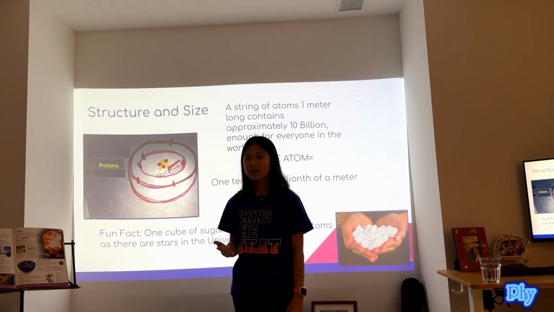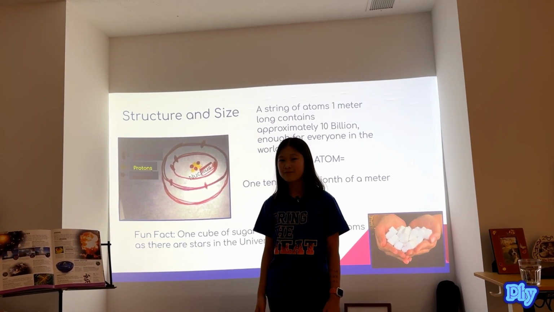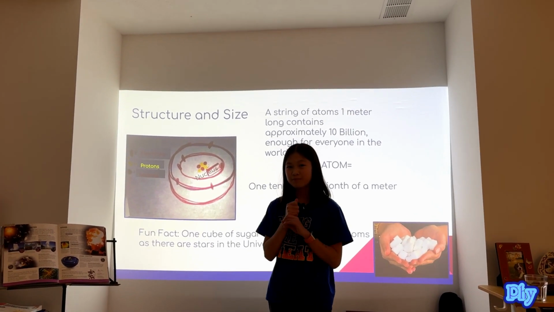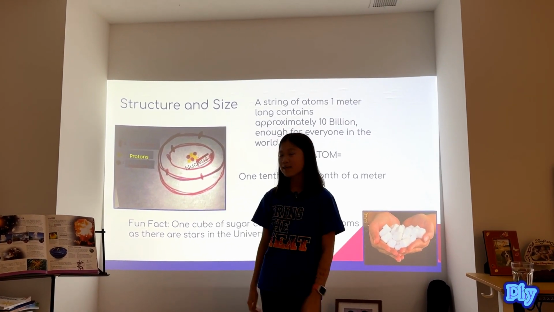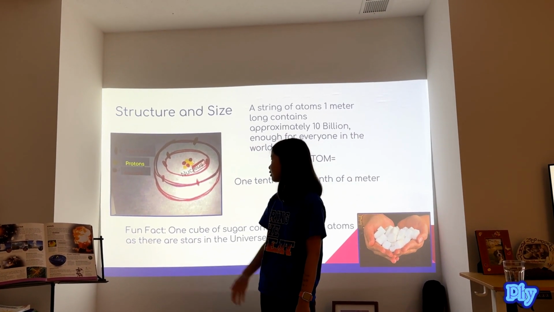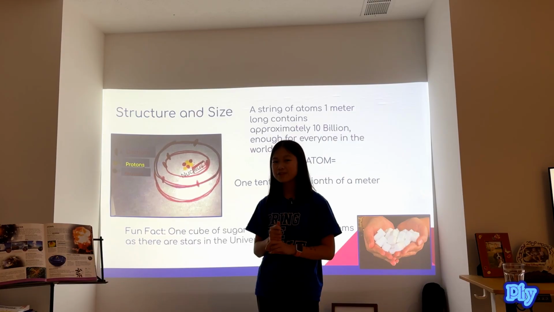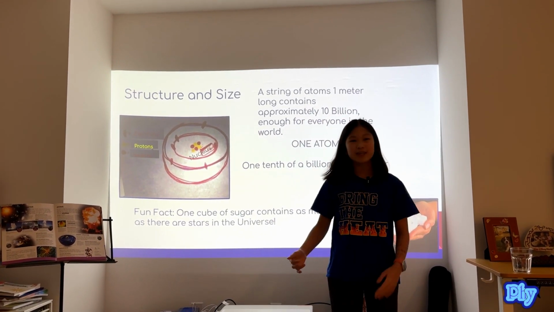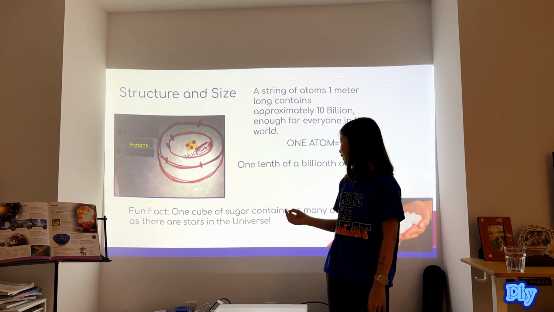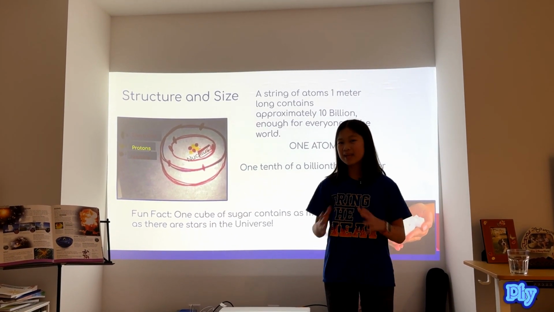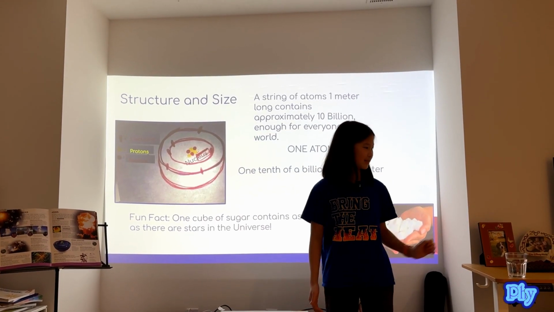And each of these are made up of the fundamental particles of our universe, quarks and leptons. And each proton and neutron has either a positive charge or negative charge. And 1 cube of sugar contains as many atoms as there are stars in the universe. This is how small an atom is.